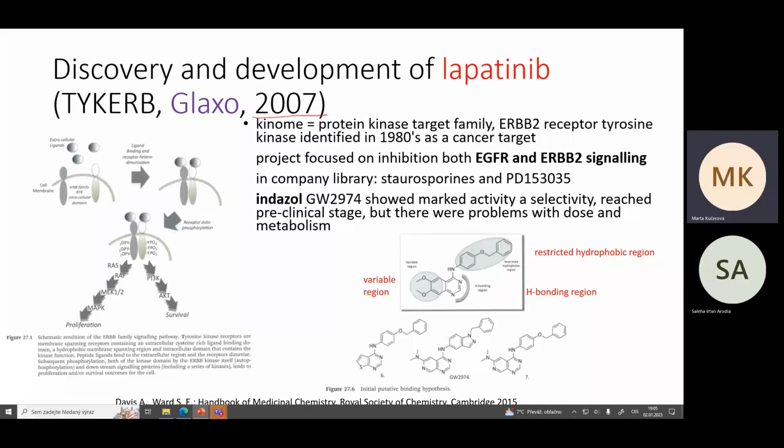You can also see the scheme, how the kinases function. So they are membrane bound with extracellular part and intracellular part.